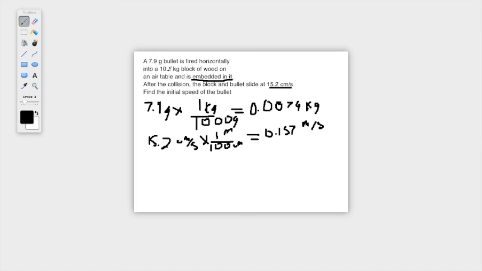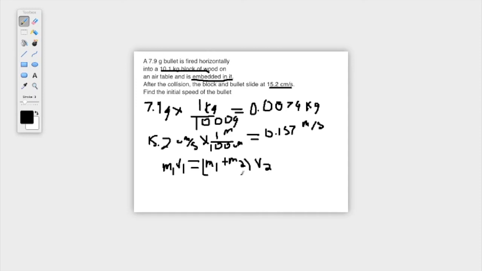And initially the block of wood's at rest, so basically we have the initial speed of the bullet times the mass, so that's m1 times v1, and then after the collision they're both moving at the same speed with a combined mass, so that'd be equal to m1 plus m2 times v2.